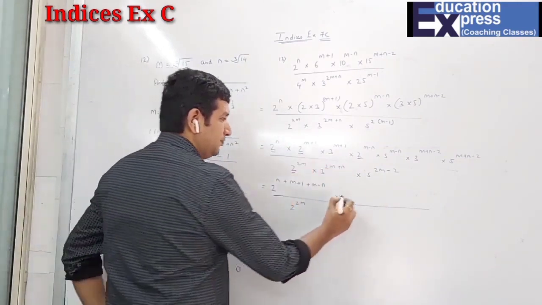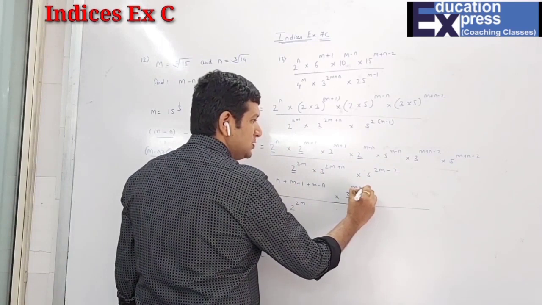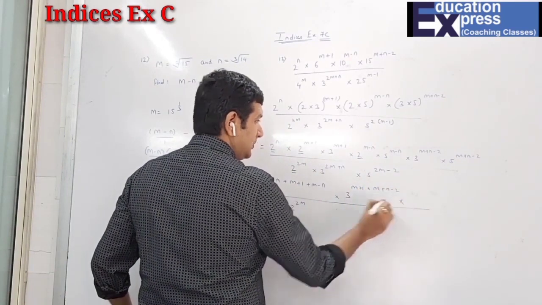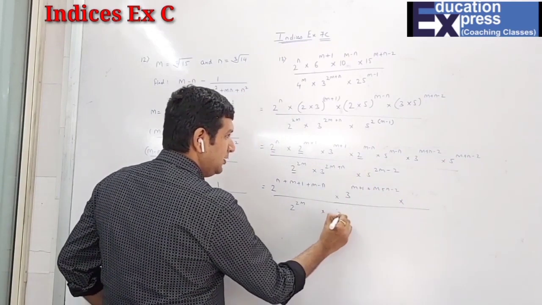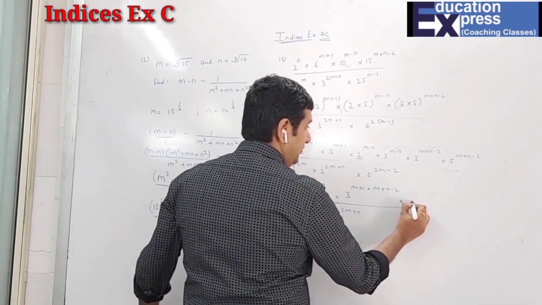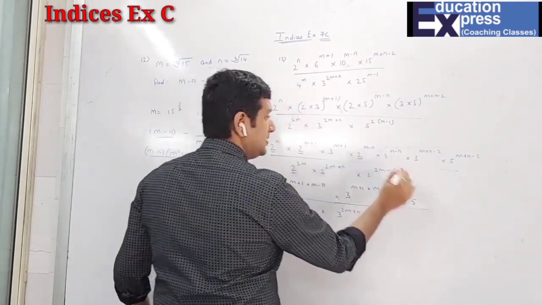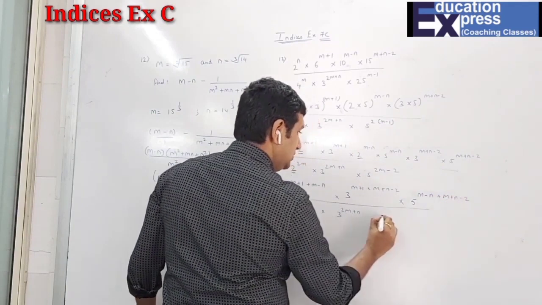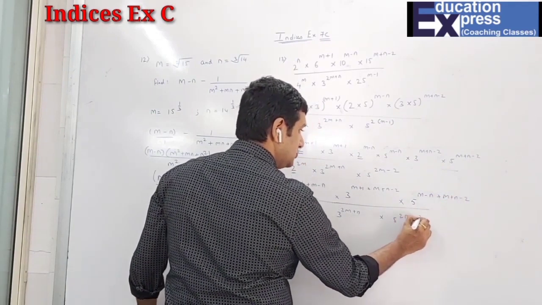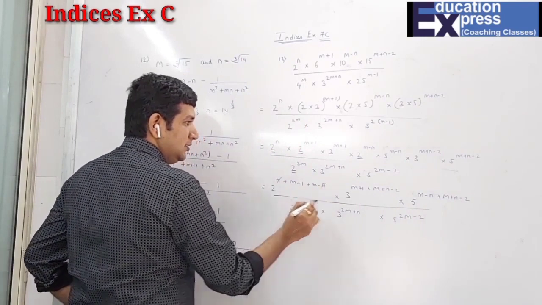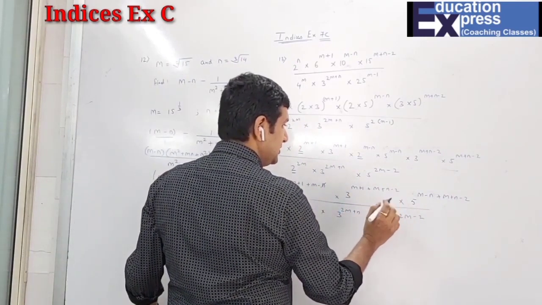Now 3. m plus 1 plus m plus n minus 2, and here we have 3 raised to 2m plus n. Now 5 raised to m minus n plus m plus n minus 2 into 5 raised to 2m minus 2. So just see if anything is getting cancelled. Here n is getting cancelled. Here nothing is getting cancelled.